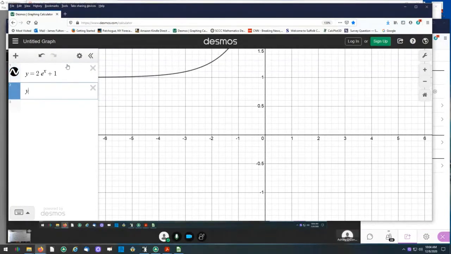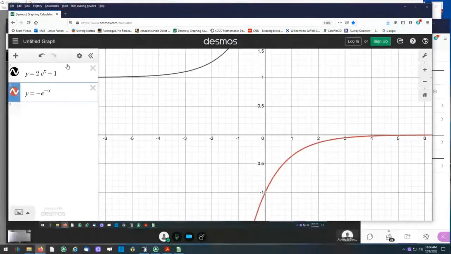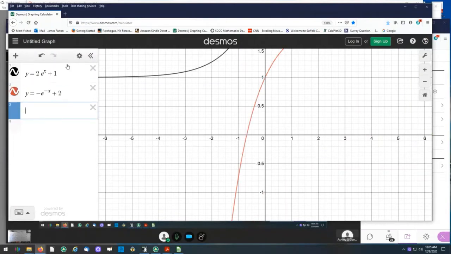And then I get y equal to minus e to the minus x plus 2. And then over here, let's take a look at y equal to 3 times 2 to the x minus 3. So look at them each individually.